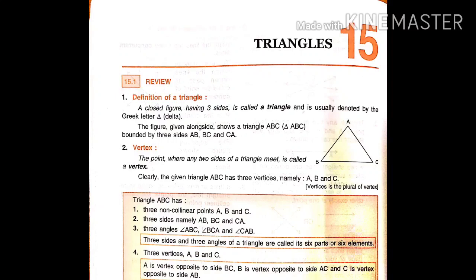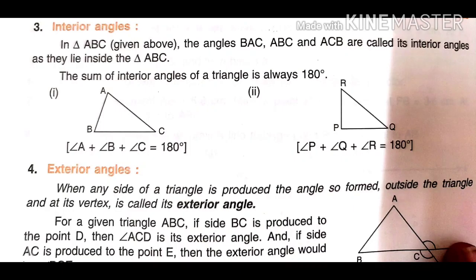So in this exercise, first we will see how many properties are there and how to apply them. So for that, let us see the first property. Check the first property, figure number 1. The sum of interior angles of a triangle is always 180 degrees.